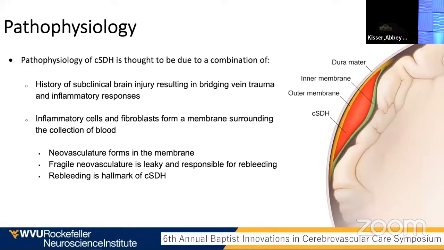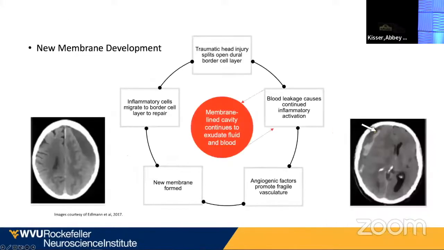Briefly going over the pathophysiology of chronic subdural hematomas. These represent a combination of repetitive injury and response to injury. Basically, after a subdural hematoma forms due to trauma, there is an inflammatory reaction that leads to proliferation of fibroblasts and creation of new inflammatory or leaky membranes that are very fragile and keep on rebleeding and forming a chronic subdural hematoma.